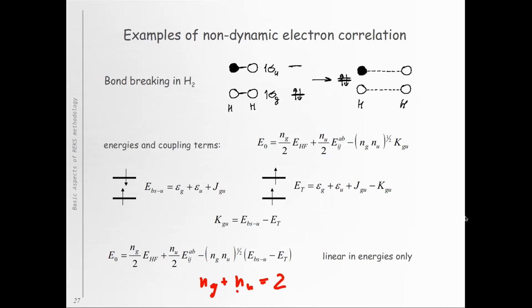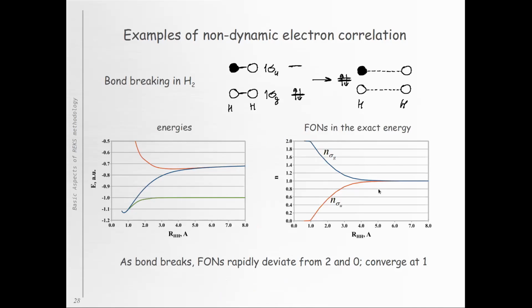So we have already seen that the occupation numbers of these orbitals start to deviate from 2 and 0 values approximately at the point, if you remember from the previous slide, where the denominator and the numerator of the perturbational second order energy become approximately equal. At that point, they start deviating from 2 and 0.